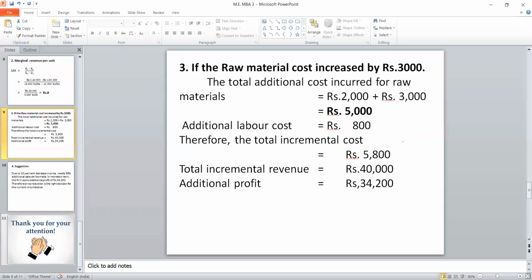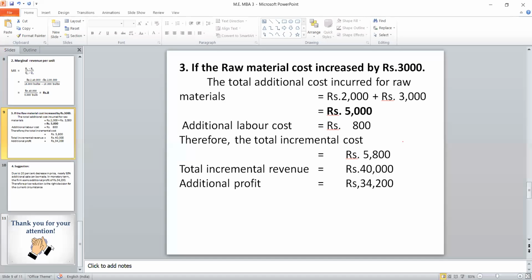Already we calculated the incremental revenue. How much? It is 40,000. So the difference between the incremental revenue and the cost, the additional profit, is 34,200. The equi-marginal principle for the raw material cost, because of the increase of 3,000 rupees, is nothing but our additional profit of 34,200.